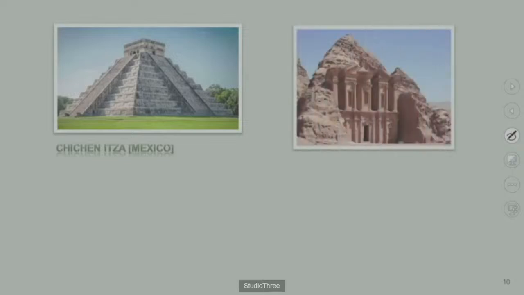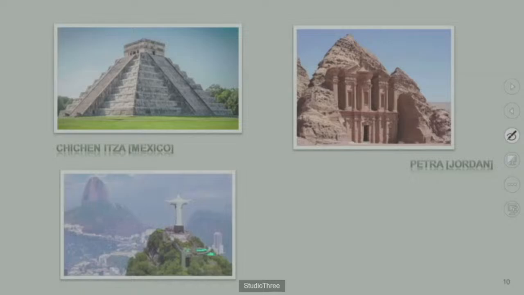See, the next one is Petra in Jordan. The one single rock carving, the beauty of the world. It's in Jordan. People used to flock together to see these worldly sights. Next, can you guess it?